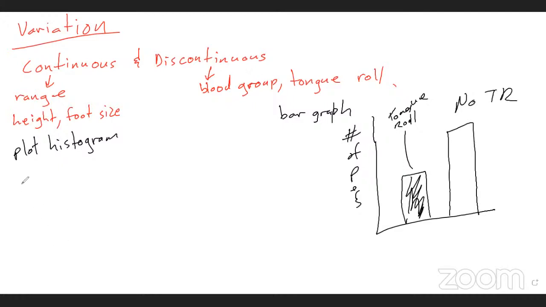With continuous variation now, you would say in terms of foot size, let's say 4 to 6, then from 6 to 8, then from 8 to 10, something like that.